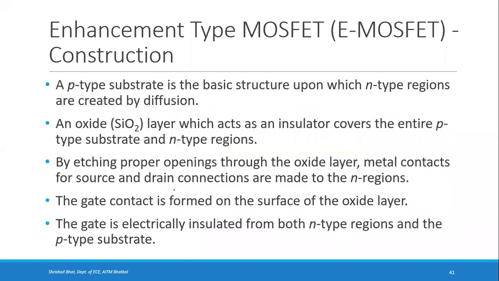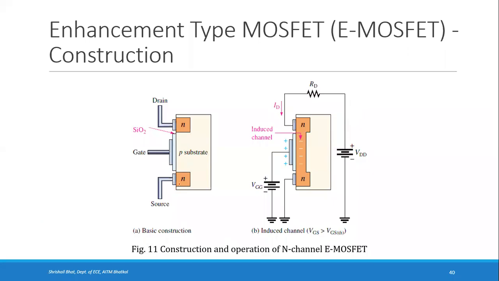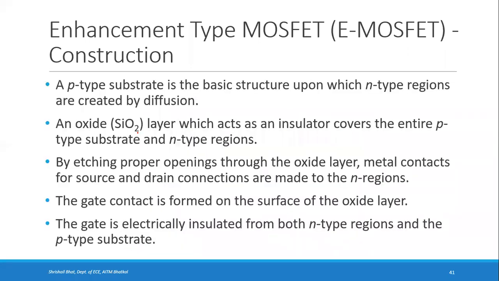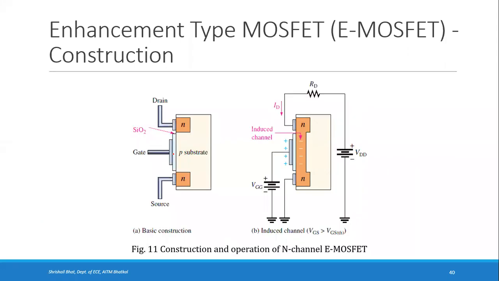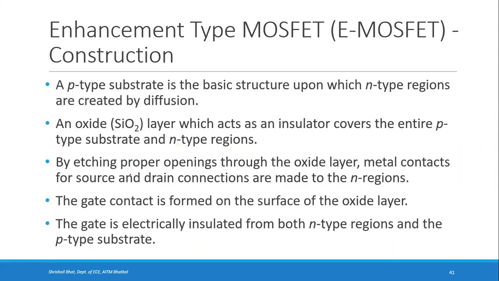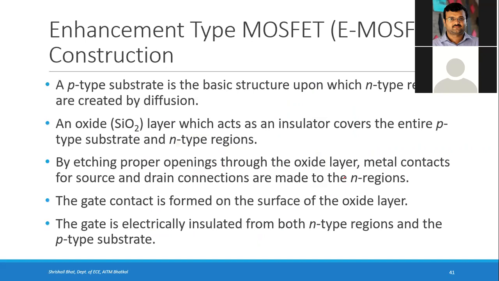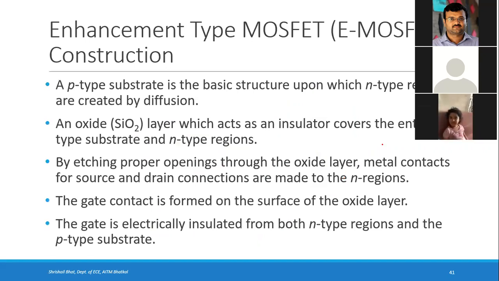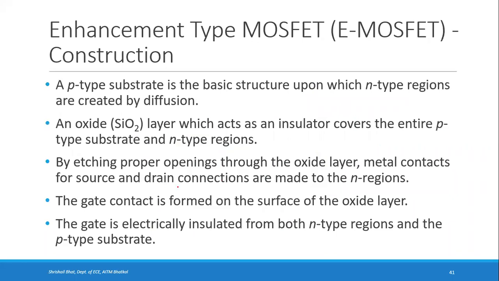The P-type substrate is the basic structure upon which the N-type regions are created by diffusion. An oxide layer, that is a silicon dioxide layer, which acts as an insulator, covers the entire P-type substrate and the N-type regions. By etching proper openings through the oxide layer, metal contacts for source and drain connections are made to the N regions.